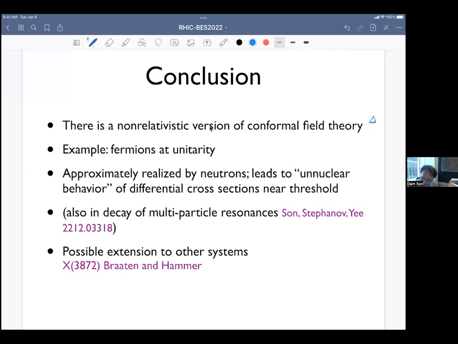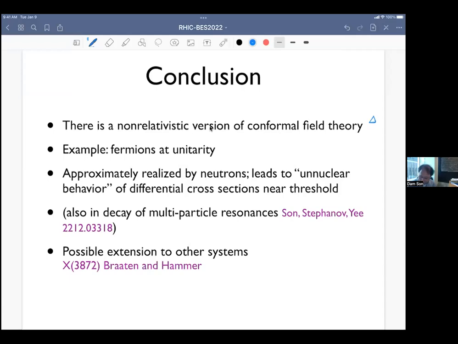One of the examples of these theories is fermions at unitarity, and this theory is approximately realized by neutrons, and it leads to a power law behavior with non-trivial power in the differential cross-section near threshold of production of neutrons.